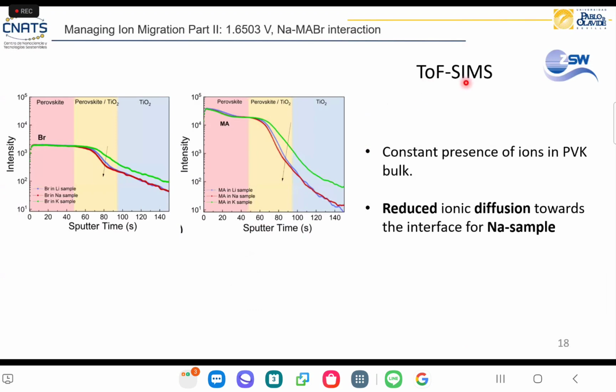So we performed TOF-SIMS analysis, and we observe that the slope for the different ions is different for the devices containing potassium in green, lithium in blue, and sodium in red. So as you can see here, the slope is different, and it means that the sodium device is reducing the ionic migration towards the interface.